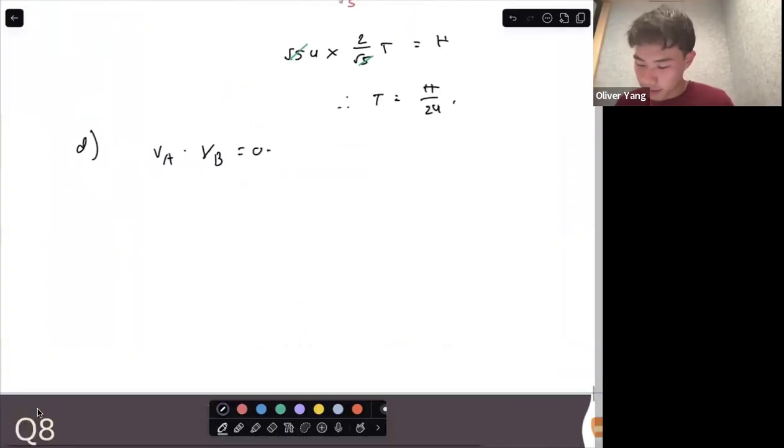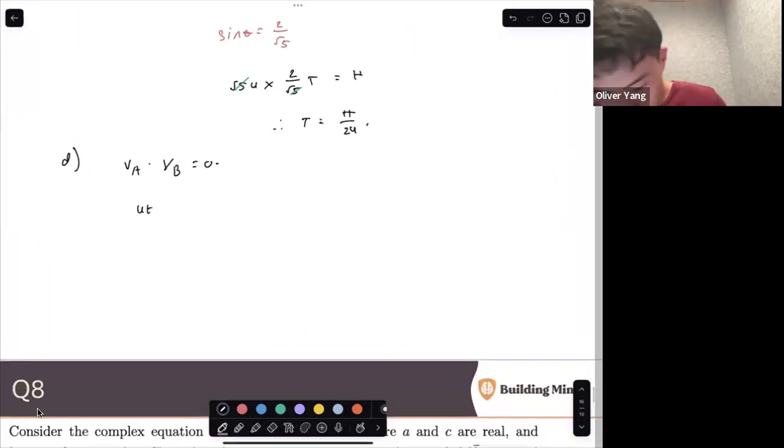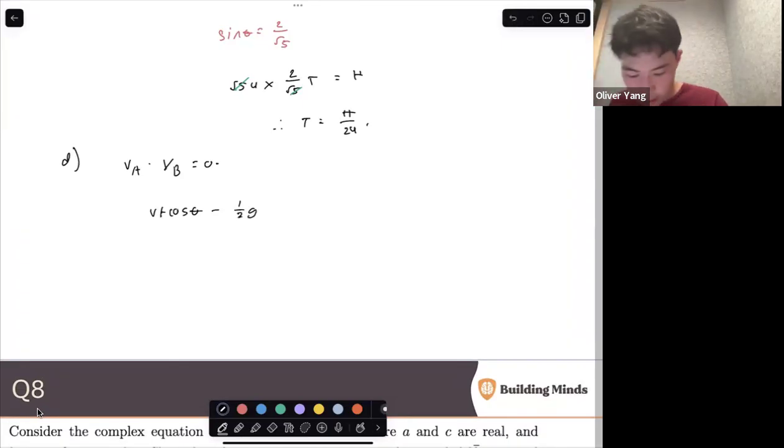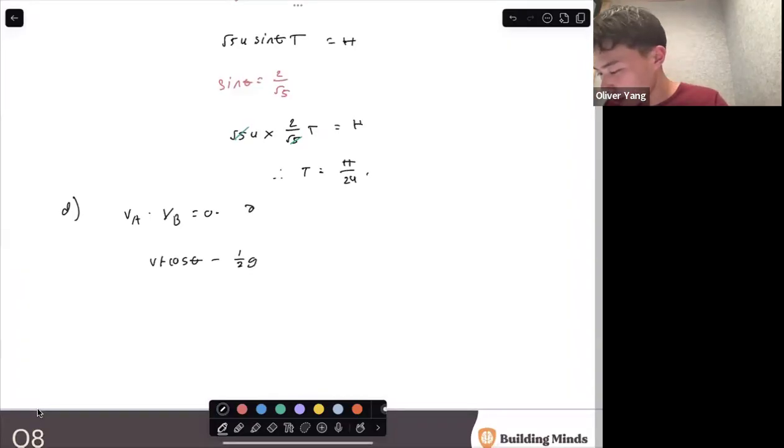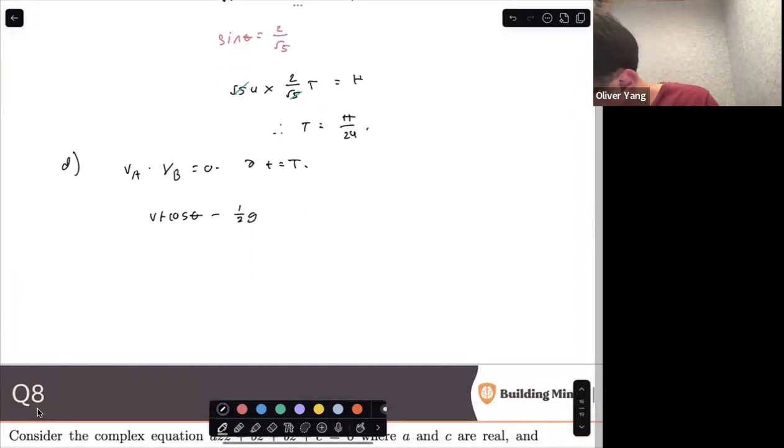So that means that vA would be u, would be, sorry, v cos theta. Let's just do this by hand. Cos theta minus half. And still at t equals T, capital T. I'm just writing out the formula.